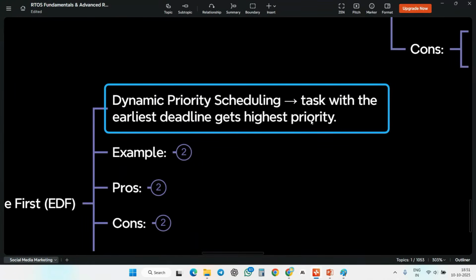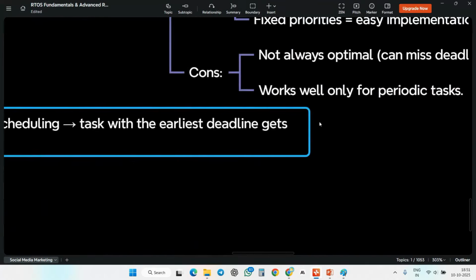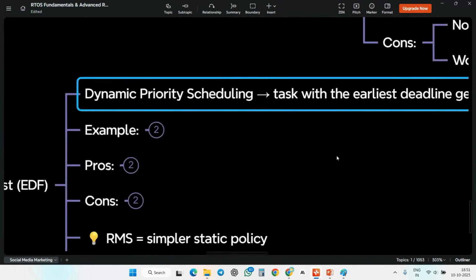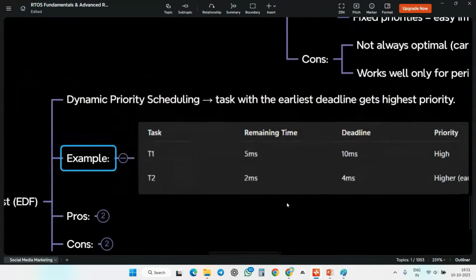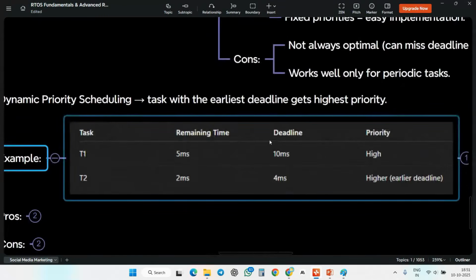So how it schedules the tasks is that the task with the earliest deadline gets the higher priority. We will see an example. Here, just see this one: for task one, the deadline is 10 milliseconds.